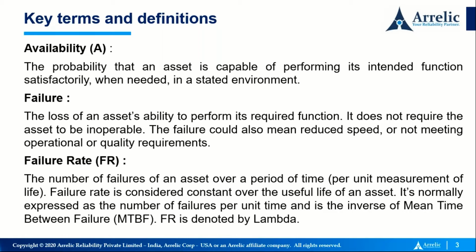We will explain later what we mean by the useful life of an asset. It is normally expressed as the number of failures per unit time, and just as important, it is the inverse of mean time between failure. And the failure rate is usually denoted by the Greek symbol lambda.